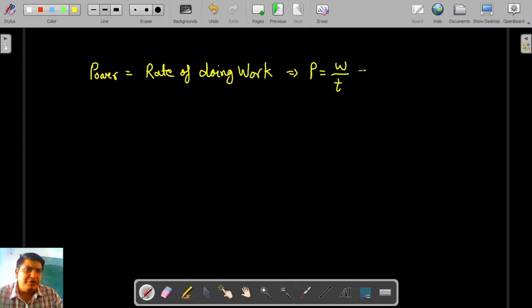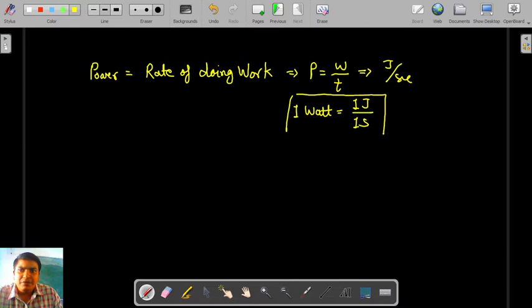From here we get the unit of power, joule per second. The SI unit of power is watt. So 1 watt equals 1 joule per 1 second, which means if 1 joule of work is done in 1 second, then the power will be 1 watt.